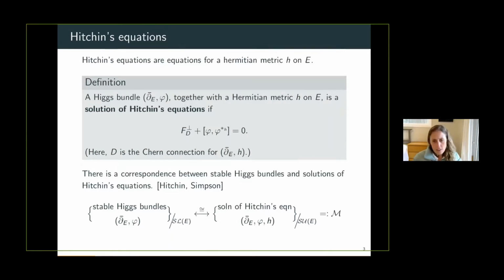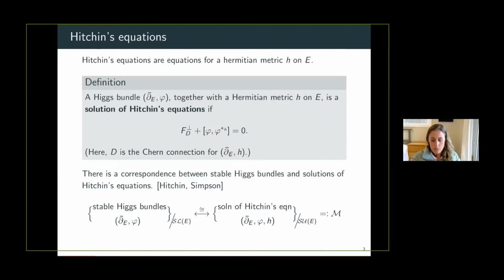And then the trace-free part of the curvature of the Chern connection plus the bracket of phi with its Hermitian adjoint is equal to 0. And these are Hitchin's equations.